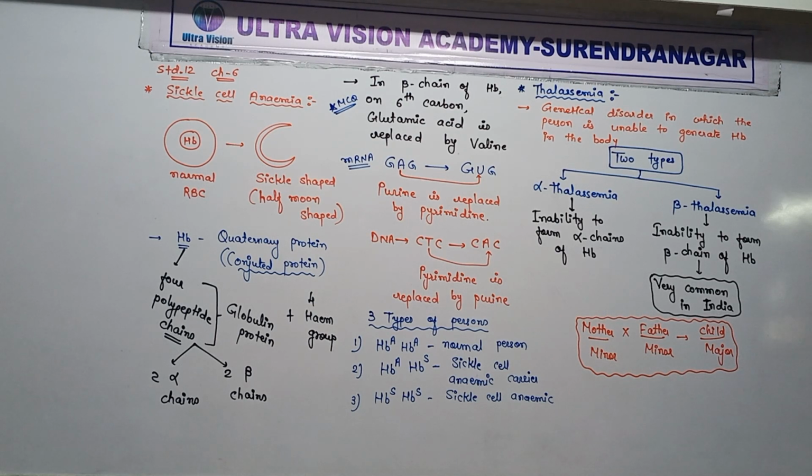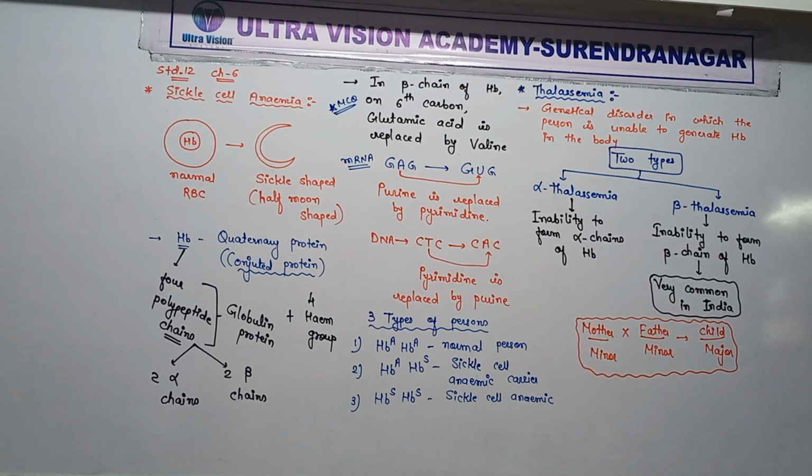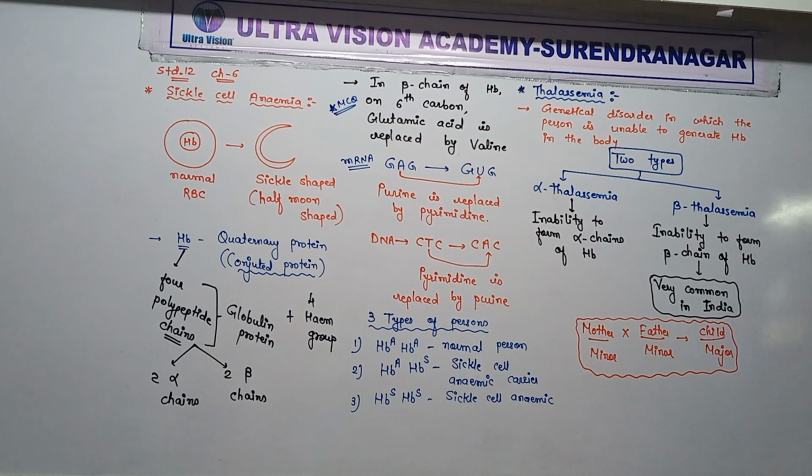But this plasmodium first affects the liver, then enters the blood and breaks the RBCs. That's why there is no chance of malaria in sickle cell anemic patients.